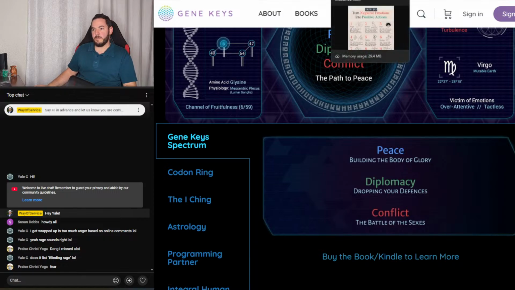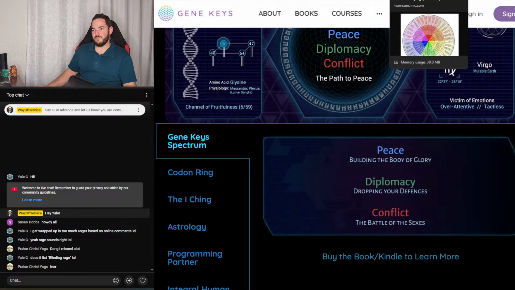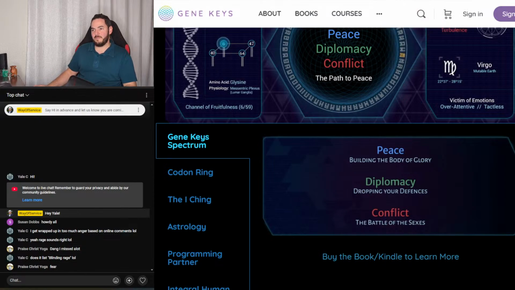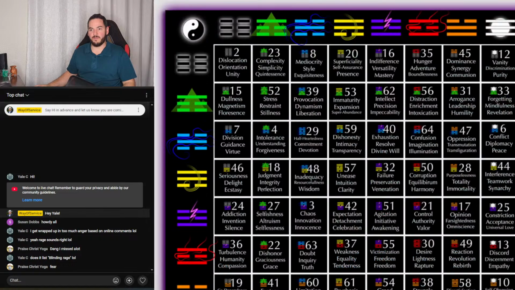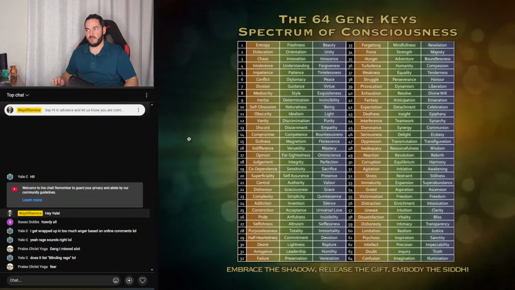So yeah, as I was saying, there are so many ways to organize emotions. And as I was studying this and trying to find different information about how to convert negative emotions into positive emotions, because a lot of people are interested in this, I think the 64 Gene Keys are definitely the most ingenious framework that I'm familiar with.